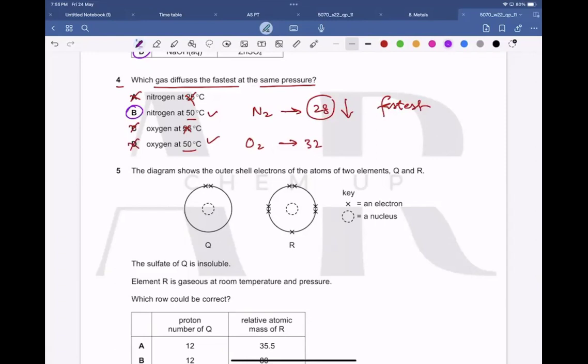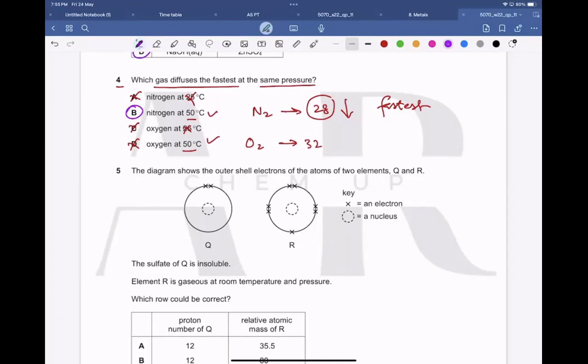Okay. Because oxygen has a heavier Mr, it is not going to diffuse faster, Khatija. It is going to diffuse slower than nitrogen. So nitrogen is going to diffuse fastest.